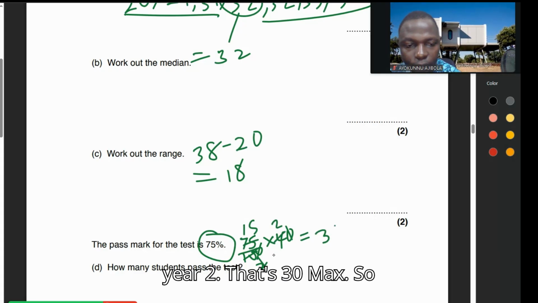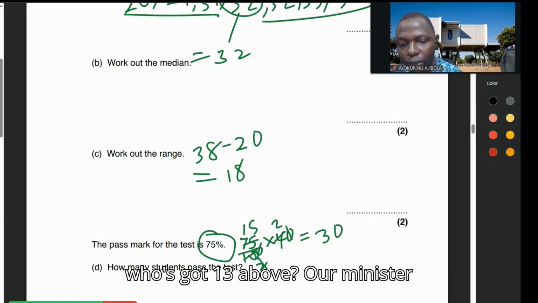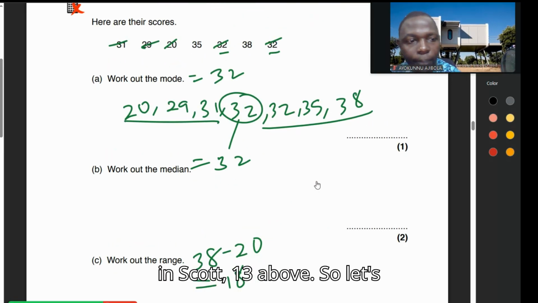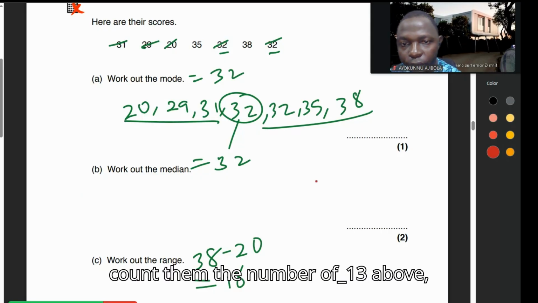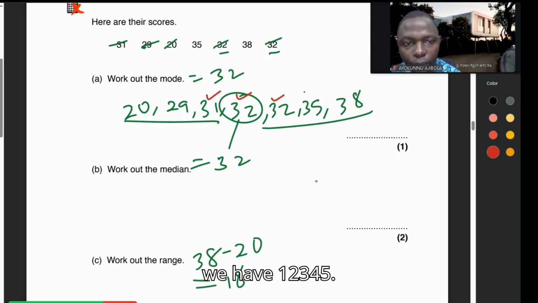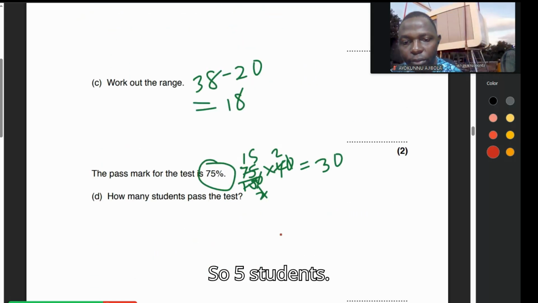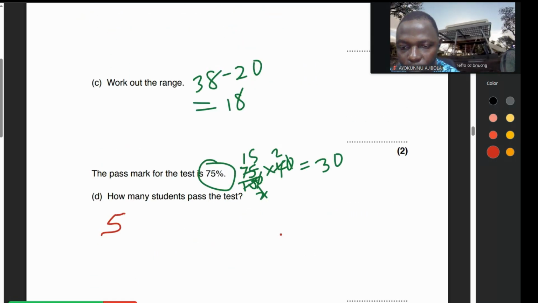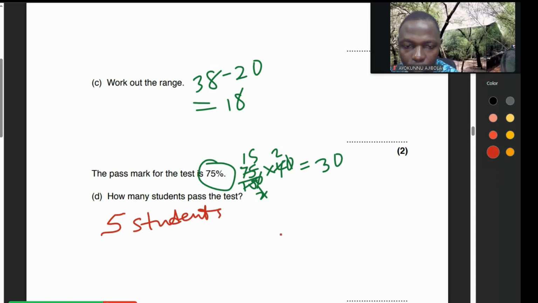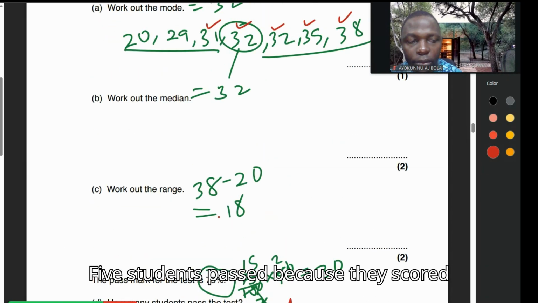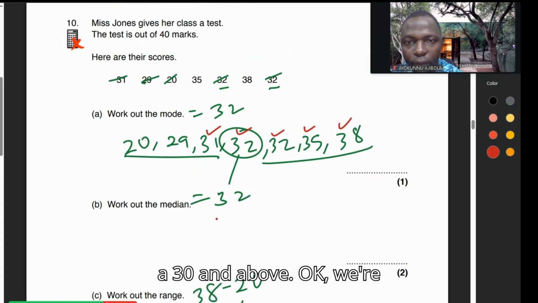That's 30 marks. So how many students scored 30 and above? Let's count them: one, two, three, four, five. So five students passed because they scored 30 and above.